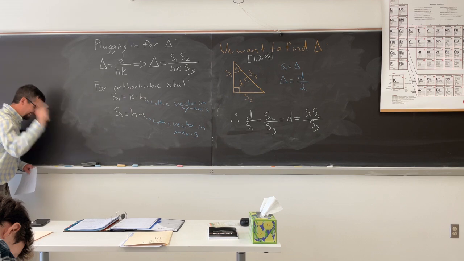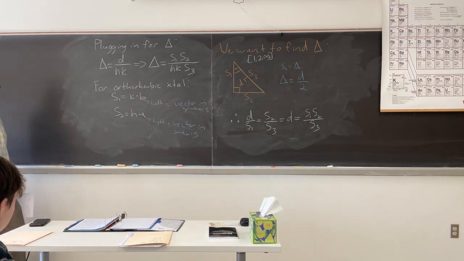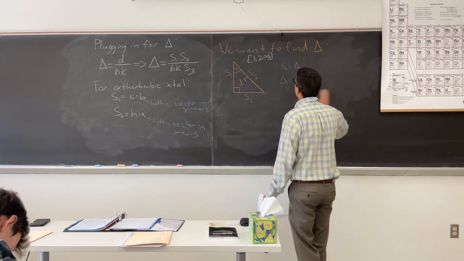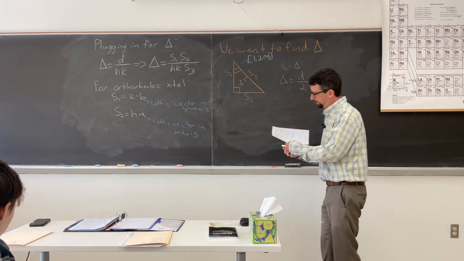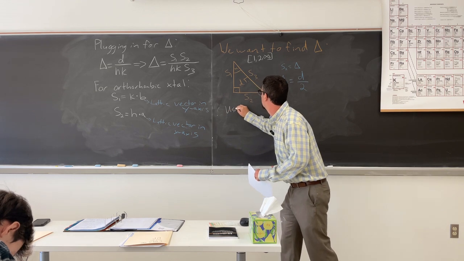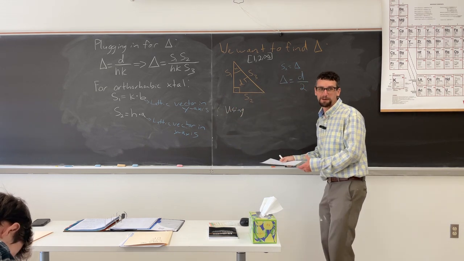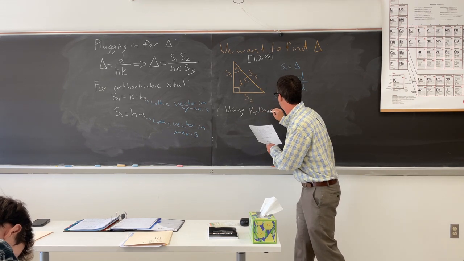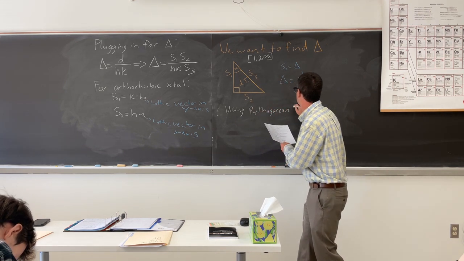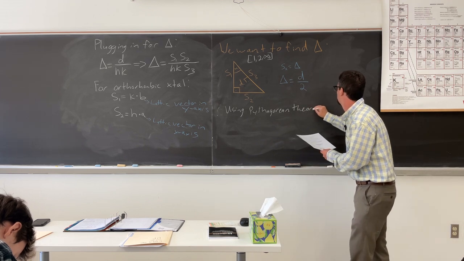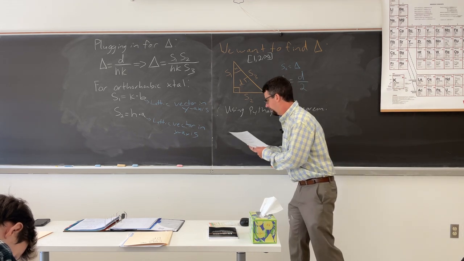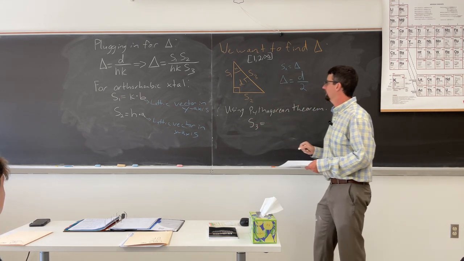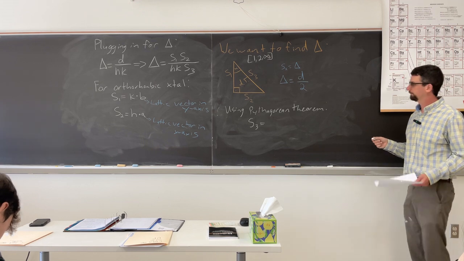Okay, Katie, this is where we're going to use the Pythagorean theorem. Which I totally had to Google how to spell Pythagorean because I didn't know it off the top of my head. Yeah. Okay. What would S3 be equal to using the Pythagorean theorem?